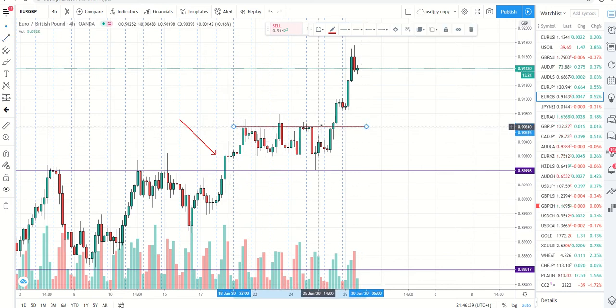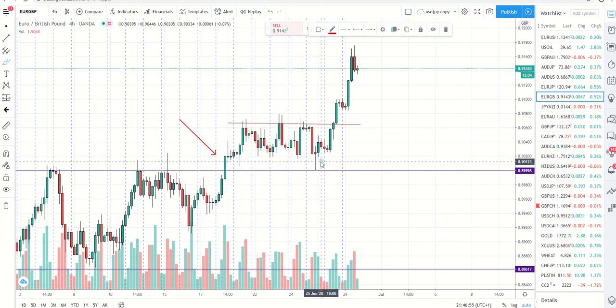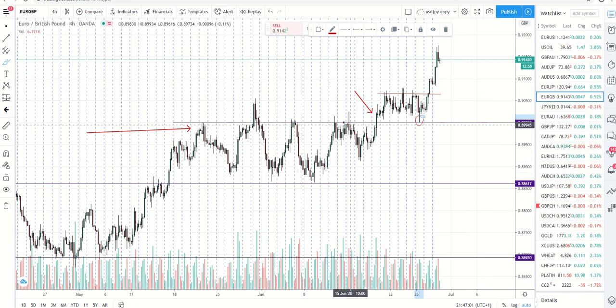We've created a range. We've also rejected this previous area. So we have opportunity, if you are a range buyer, to buy into this. Okay, why would we not sell into here?